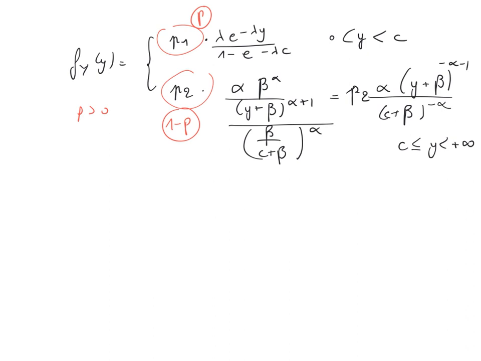You can verify that this is a well-defined PDF so that it integrates to 1 and takes positive values. So to conclude, splicing is a technique that we can use to glue different distributions together and to construct a distribution which is capable of providing a global fitting distribution, for instance, for modeling insurance losses.